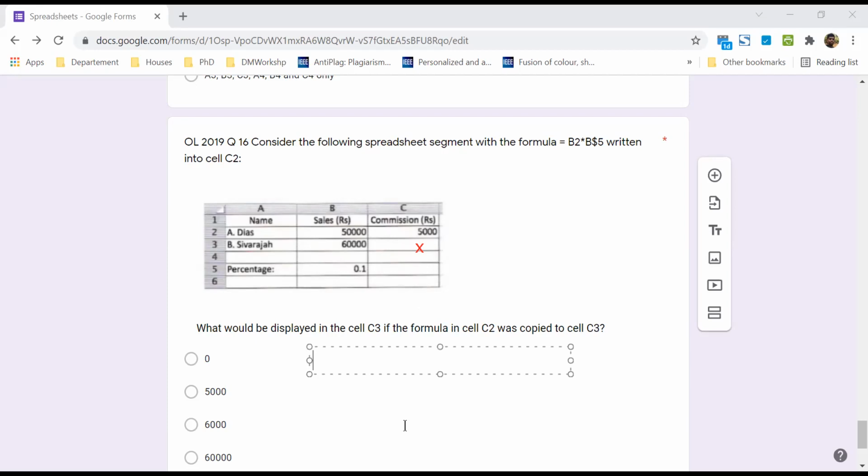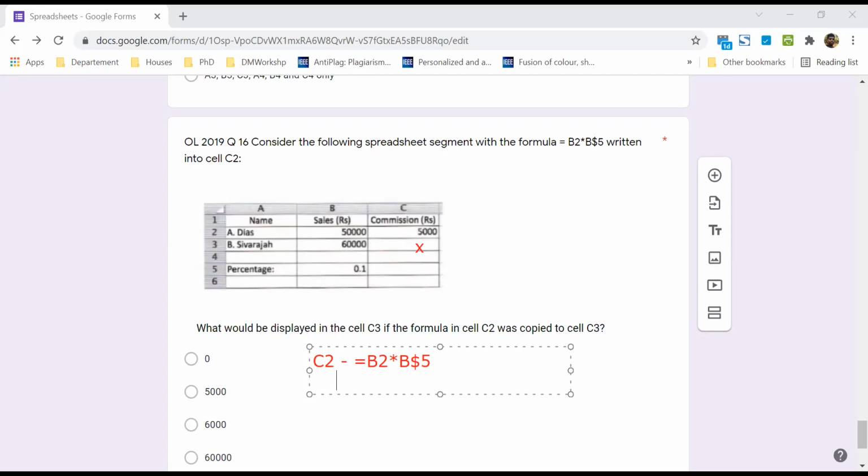So let's see. Now, we have the formula written in C2. In C2, we are going to have B2 into $5, right? So when you say $5, what is B2? B2 is in C2, right?